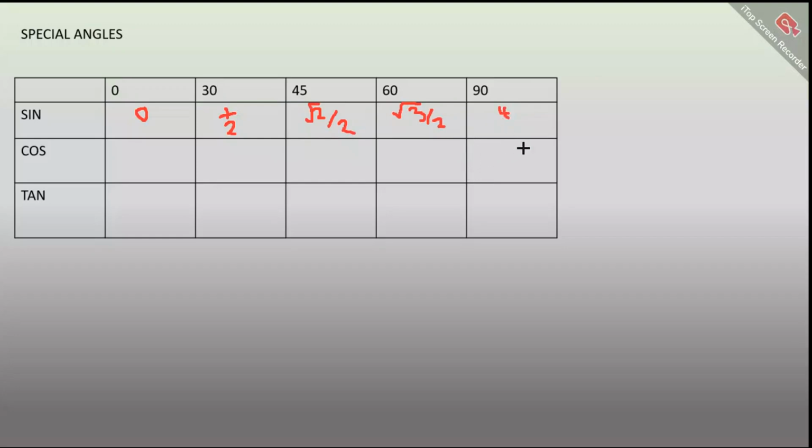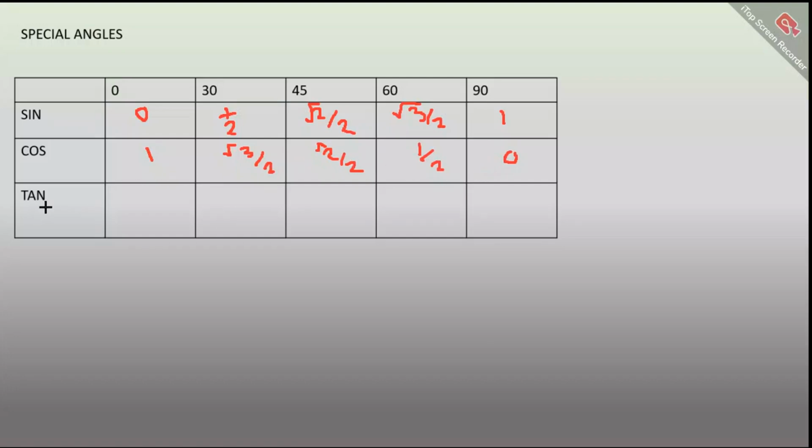It's 2, divided by 2, you get 1. Then for cos, just make this one the opposite. So you start with 1, root of 3 over 2, root of 2 over 2, then half, and this one is going to be 0.